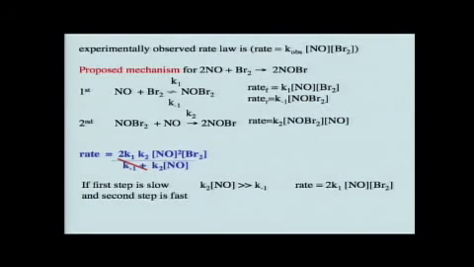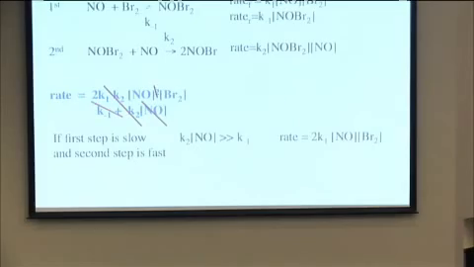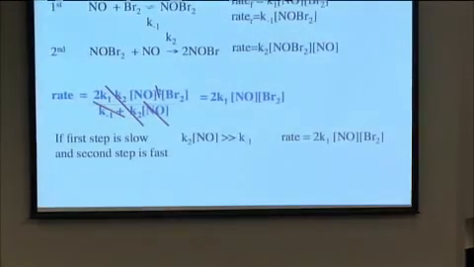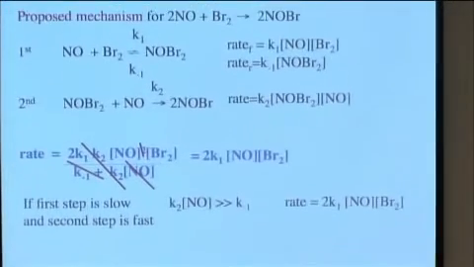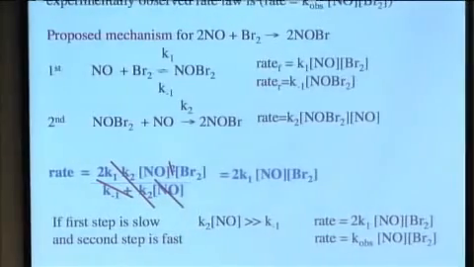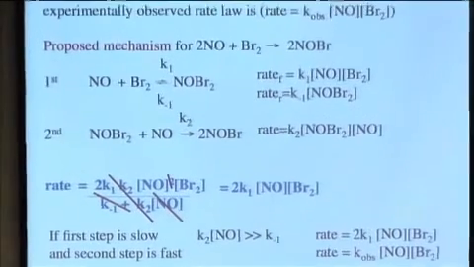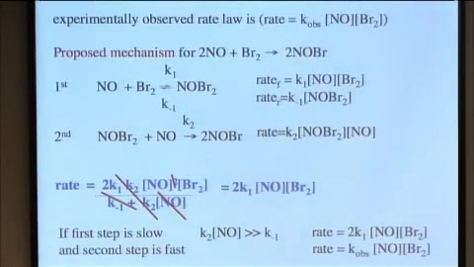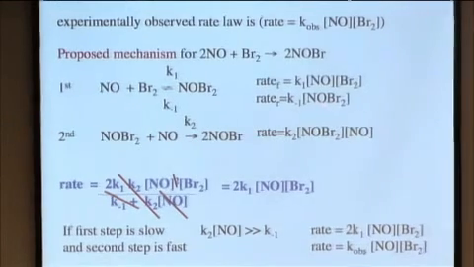If this is much bigger than this term, that cancels out. If that cancels out, what else cancels? k2 also cancels, and what else cancels? One [NO] cancels, giving you this expression. And that is consistent with the answer up there. You could also see that as the k observed. So that's consistent. Let's first tell me the overall order.